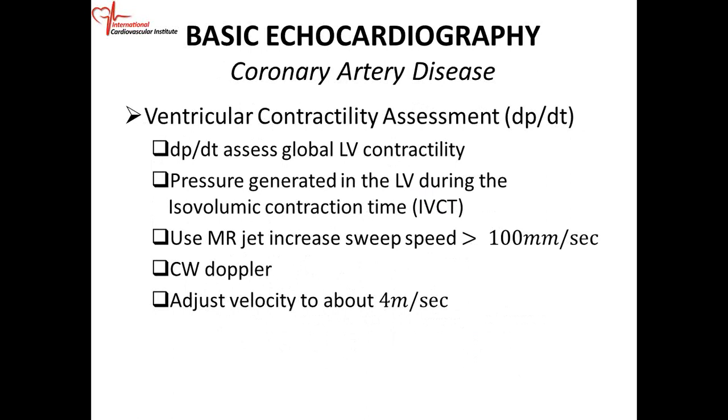When it contracts, it's going to quickly push blood backwards. The valve may be incompetent. You may have dilatation of the mitral annulus, whatever the mechanism of the mitral regurgitation.